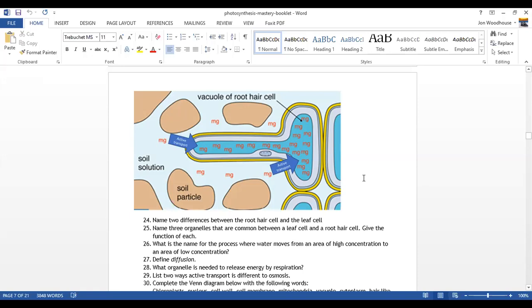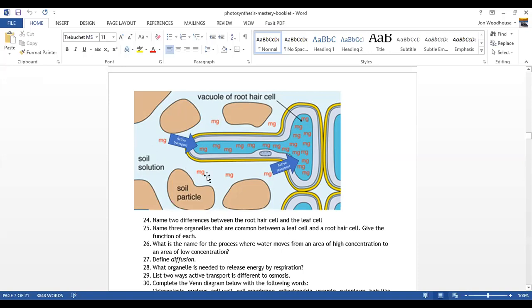Now, diffusion happens where substances move from high concentrations to low concentrations. In a plant there will be a high concentration of minerals, and in particular this one's magnesium. So a plant's got lots of magnesium in it, but it wants more, and it will need to absorb it from the surrounding soil.